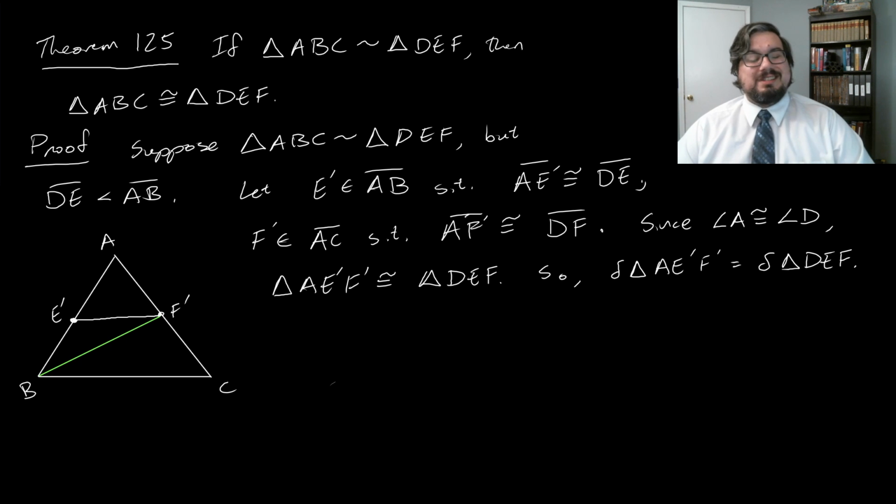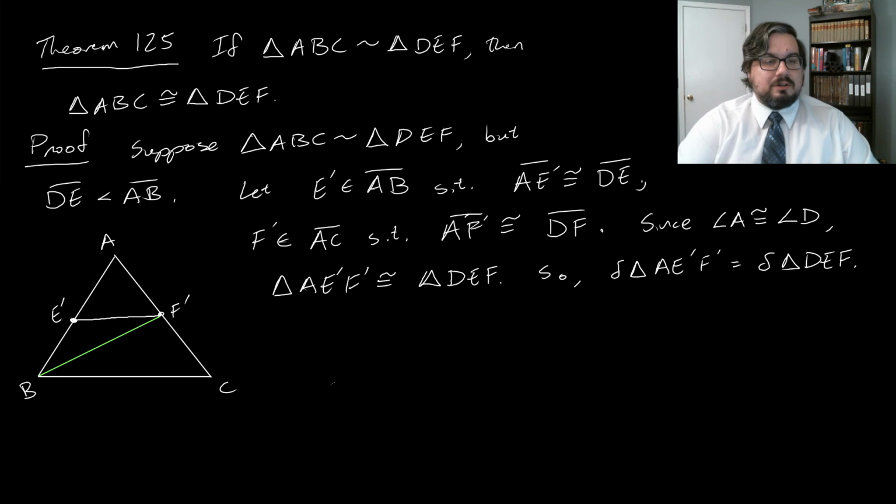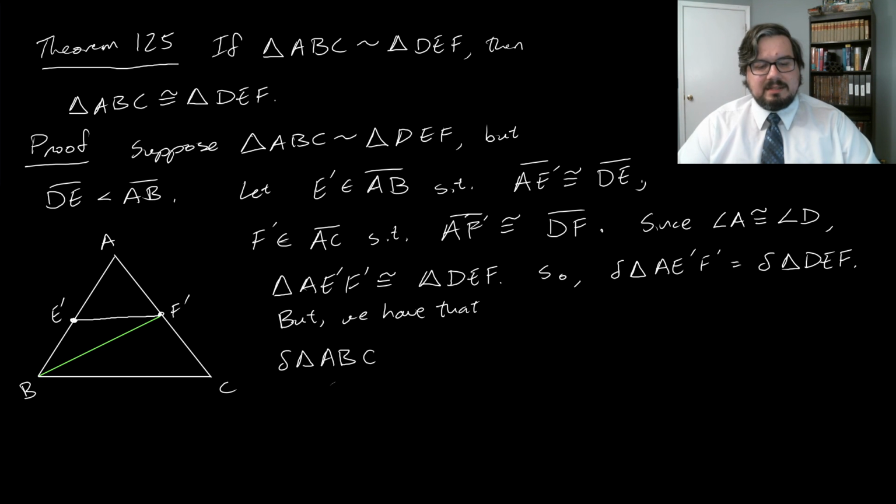We can introduce another line segment here, and now we can consider a number of triangles here. But we have that the defect of triangle ABC is equal to the sums of the defects of the triangles that make it up.